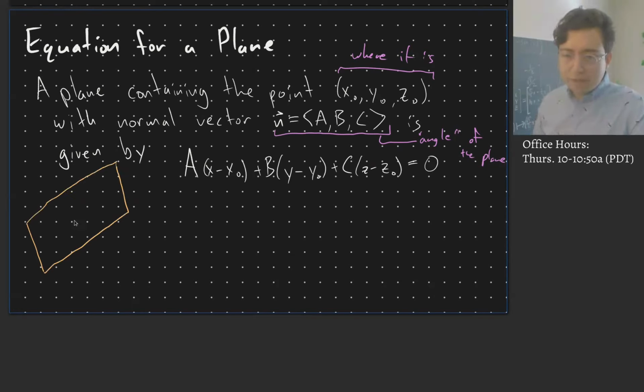There's a point on it, the point that we have on it: x naught, y naught, and z naught. And then we want our normal vector. Our normal vector is over here. So this here is n. Okay.